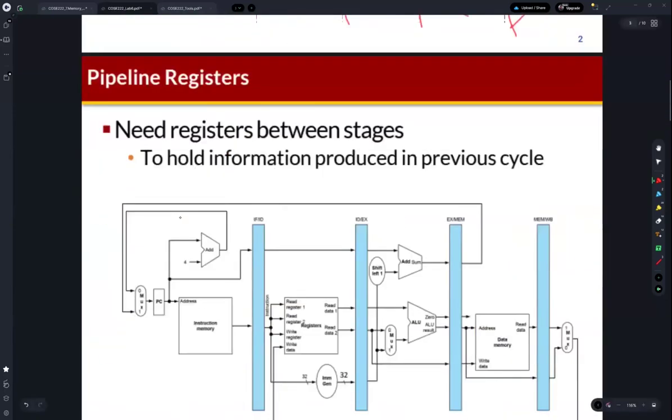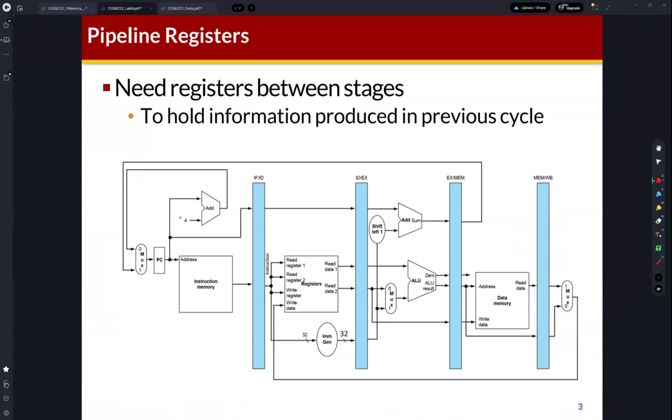Then, to build the 5-stage pipeline architecture, we just add pipeline registers, like this. These pipeline registers sample the signals from the previous stage using the clock signal.